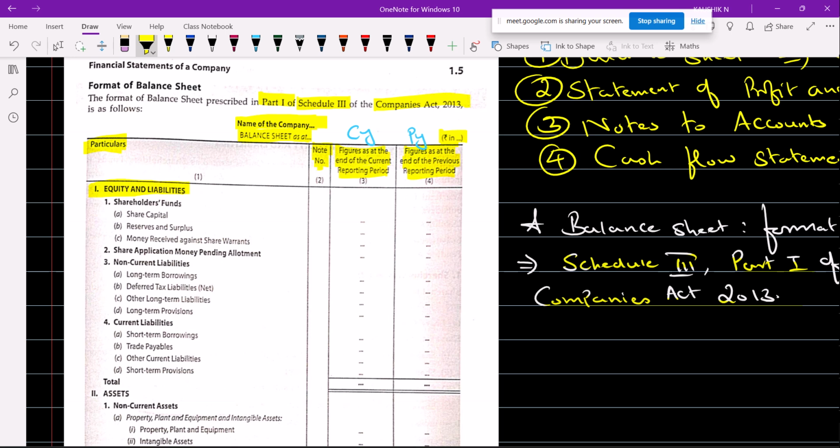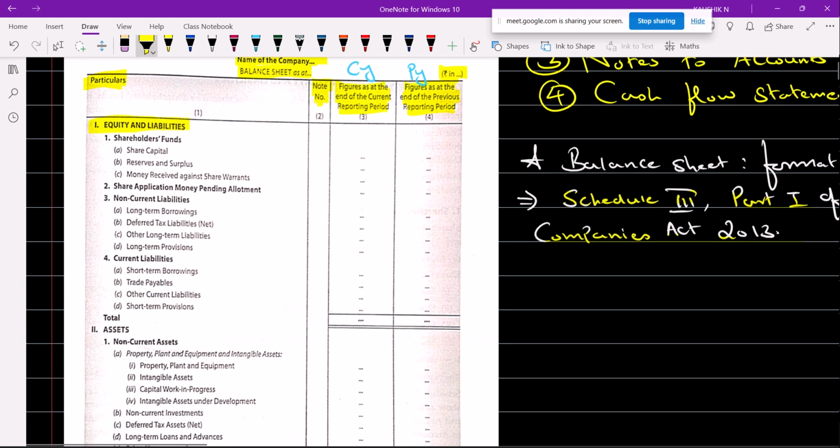And then you could see Roman number 2 below that, marking it as assets. It represents your assets only. So rather than showing liability on the left hand side and assets on the right hand side, we are bringing everything under one column. That means we are following something called a vertical balance sheet. This balance sheet we call a vertical balance sheet.